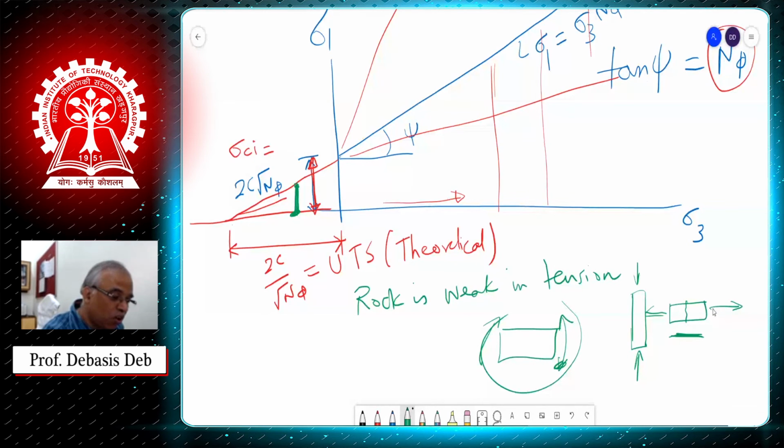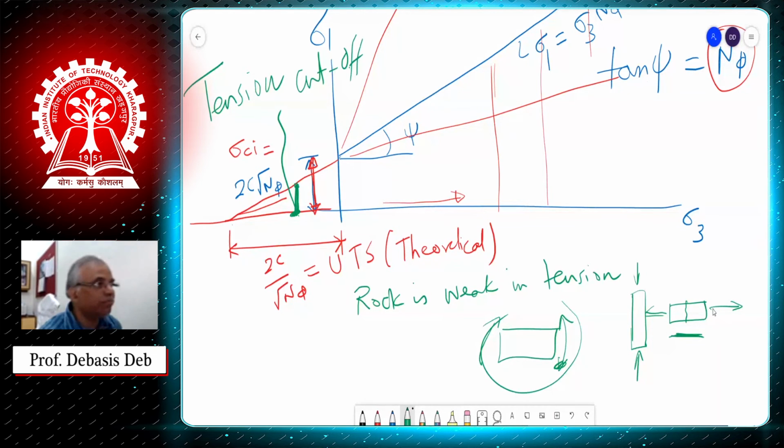So we call this point the tension cutoff. So my envelope goes like this, in the sigma 1, sigma 3 plane. From here, it goes like that.